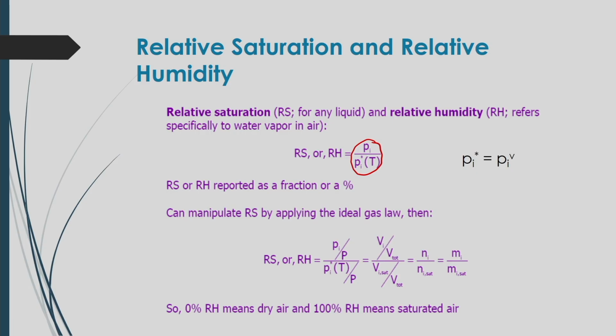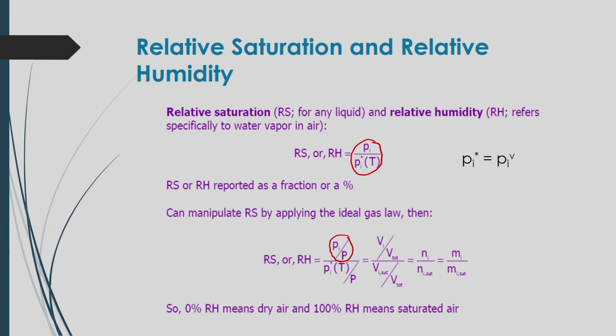And also, if you apply the ideal gas law, the ratio of partial pressure to the total pressure will be regarded simply as the mole fraction of that component in the vapor, or in the air itself for humidity consideration, or in a gas liquid mixture system.